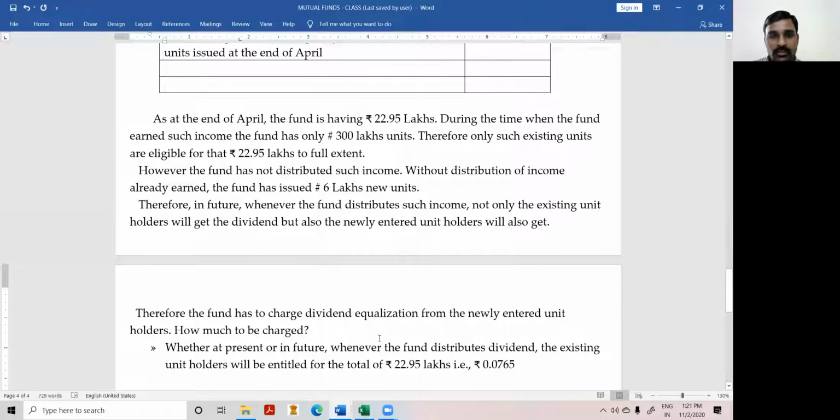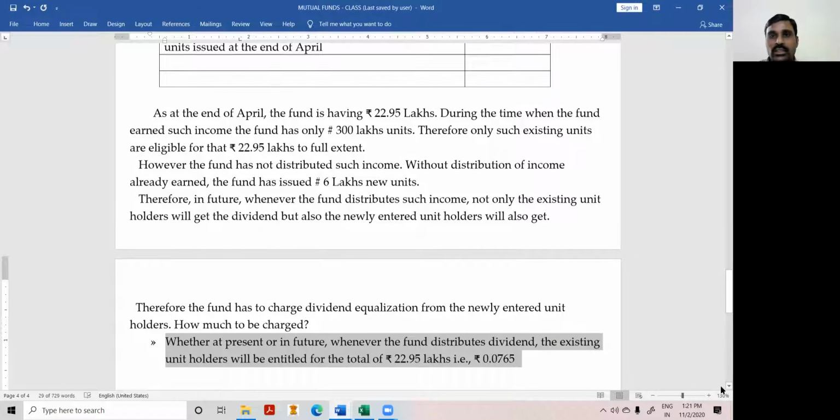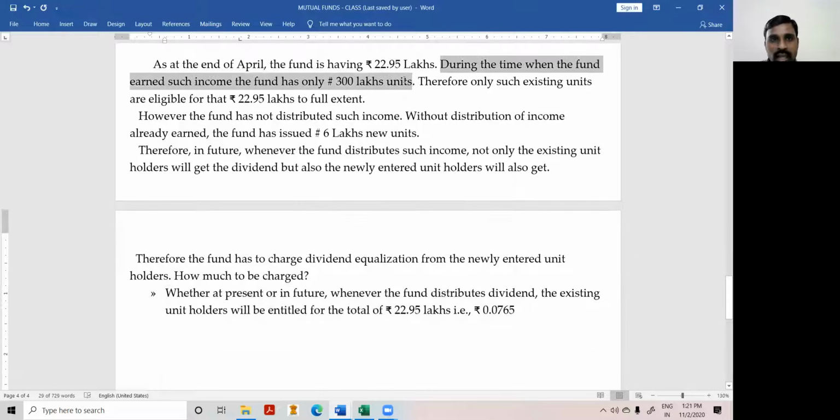Okay, so look at this point. Whether at present or in future, whenever the fund distributes dividend, the existing unit holders will be entitled for the total of 22.95 lakhs. Because during the time when the fund earned such income, the fund had only 300 lakh units. Therefore, only such units are eligible, and they are eligible for the full amount. That is the first point you have to understand.